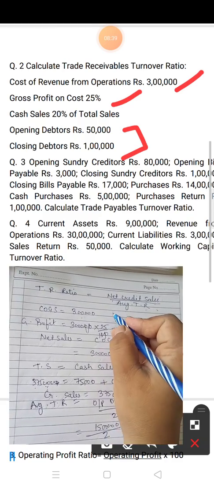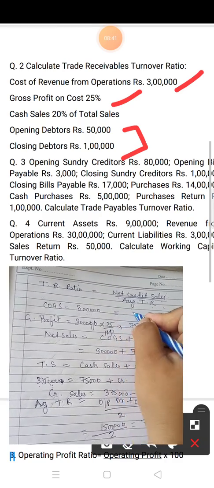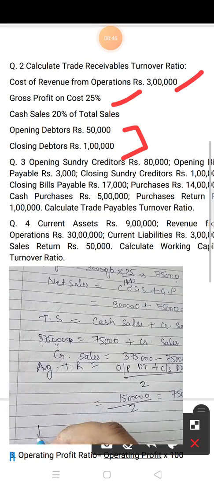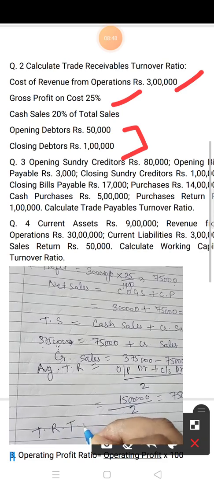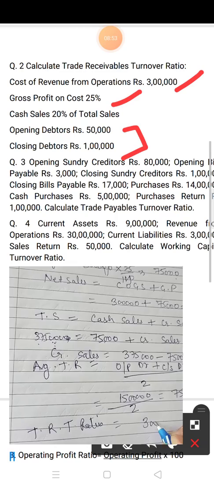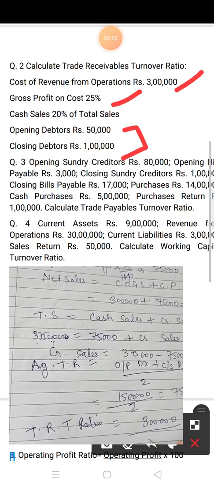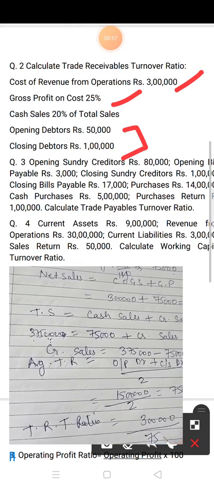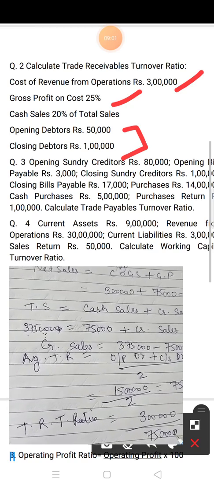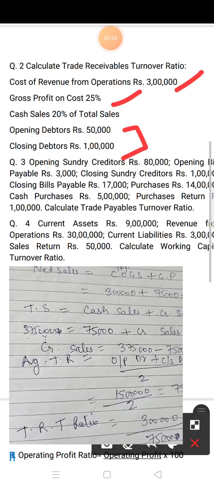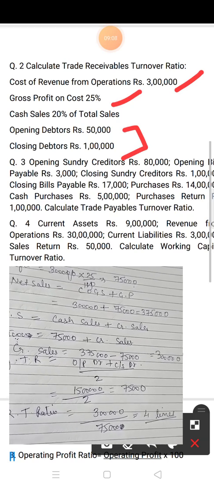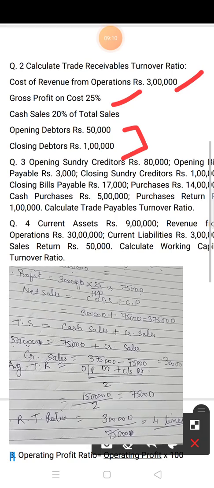Now applying this formula, trade receivable turnover ratio is equal to net credit sale 3 lakh divided by 75,000, which is equal to 4 times. Again answer will come in times. So answer is 4 times.